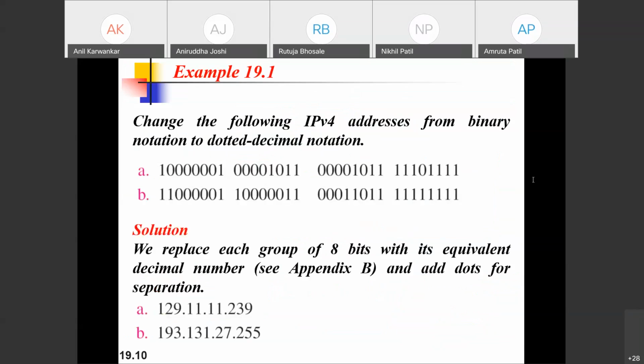Just see this particular example. Change the following IP version 4 addresses from binary notation to the dotted decimal. Check it. Convert the binary data into its dotted decimal. Only 8 bits are to be converted into the dotted decimal.